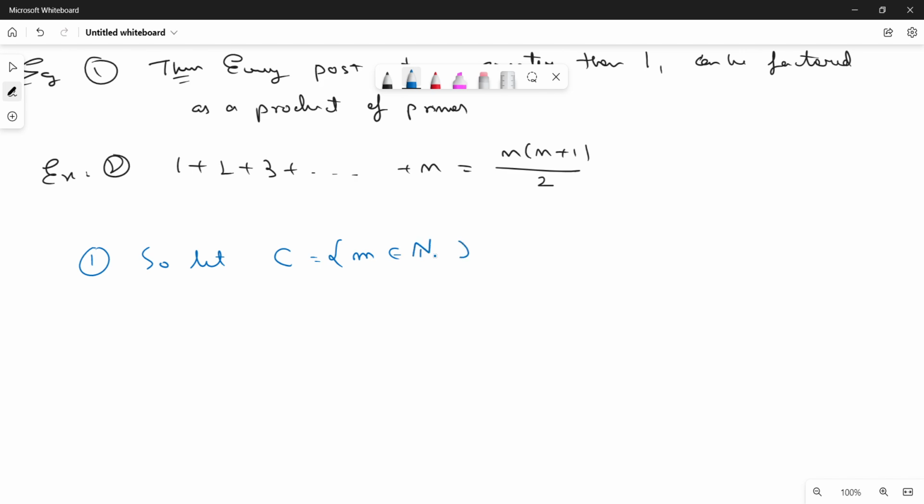Let C be the set of all such elements m in natural numbers such that m cannot be factored into a product of primes.